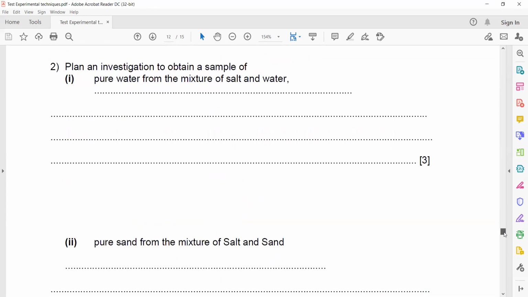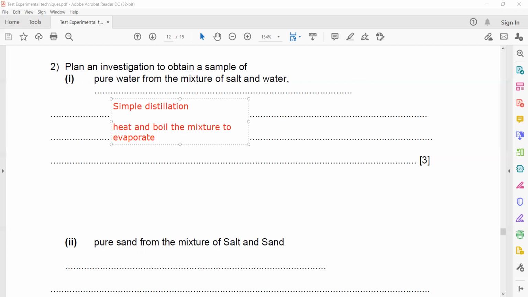Plan an investigation to obtain a sample of pure water from a mixture of salt and water. So the technique we will use is simple distillation. Then we will heat and boil the mixture to evaporate the water, and then we will condense the water by using a condenser.